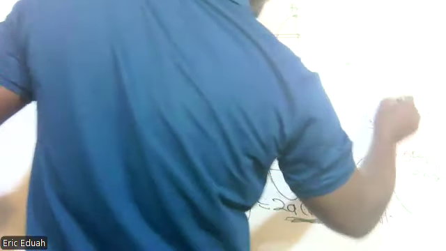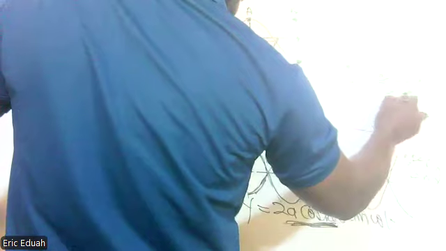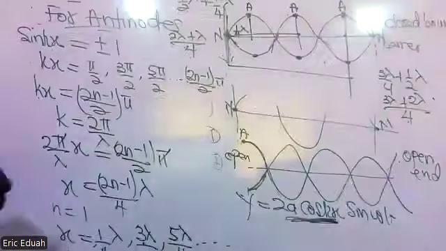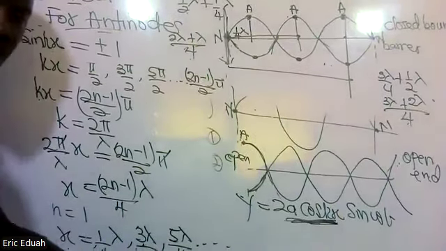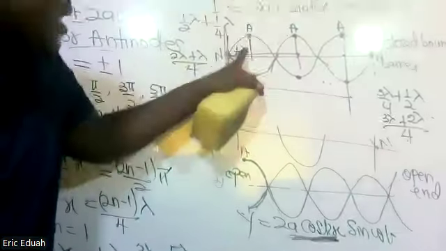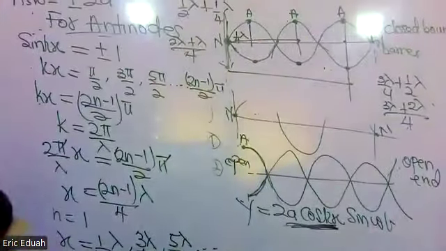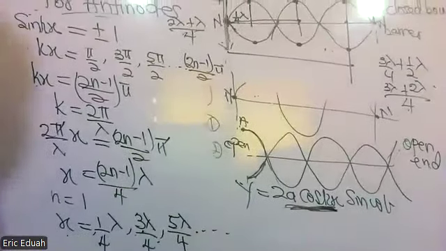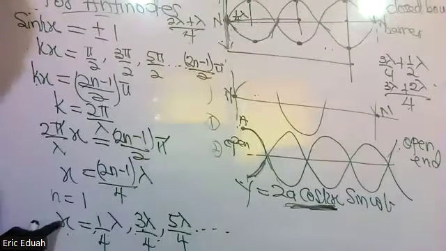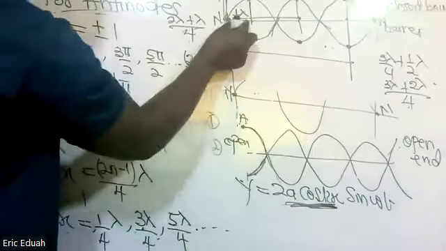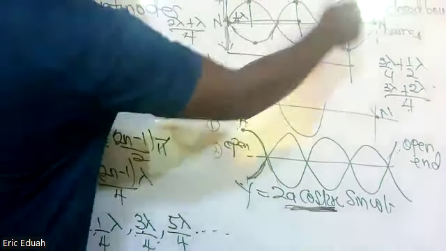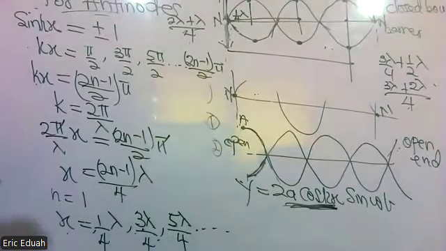LCM 4, 3 lambda plus 2 lambda is equal to 5 lambda on 4. Exactly so. Whatever we had matches the positions of antinodes on the stationary wave. So when you know lambda, you can easily determine x, the distance from the first point where antinodes will be formed, on and on.